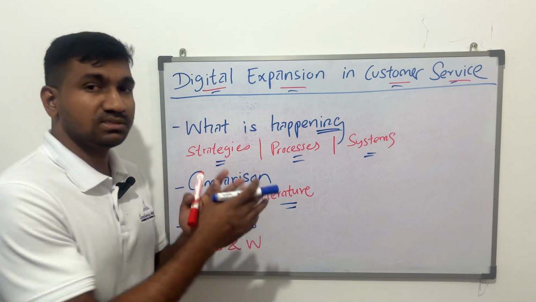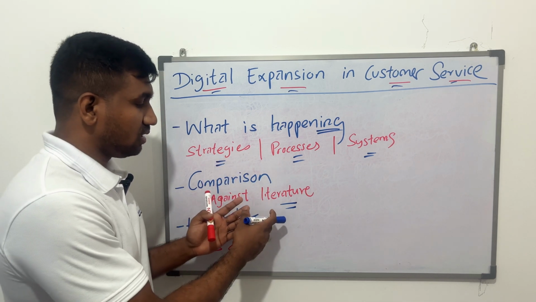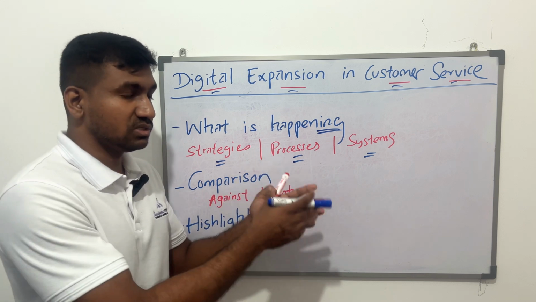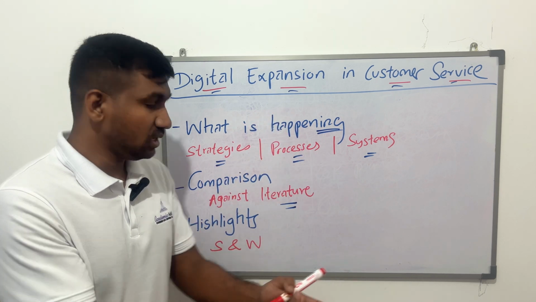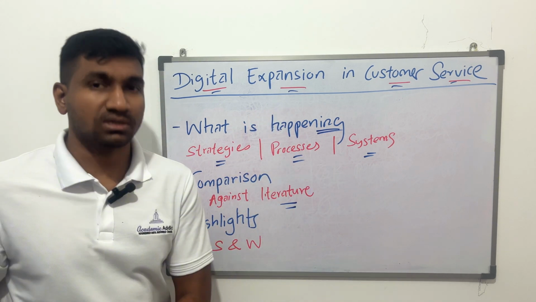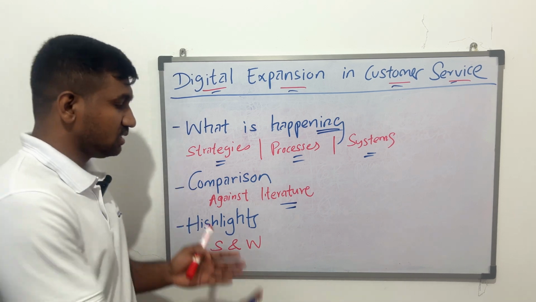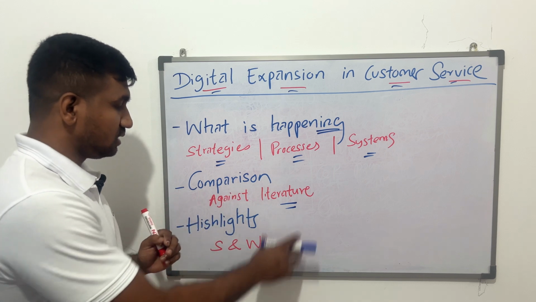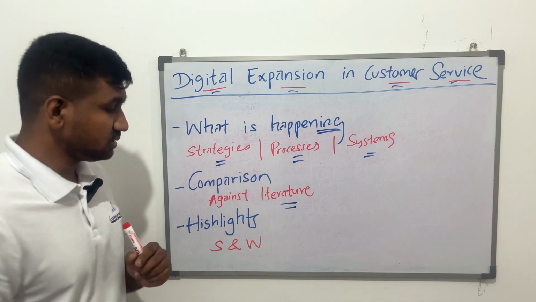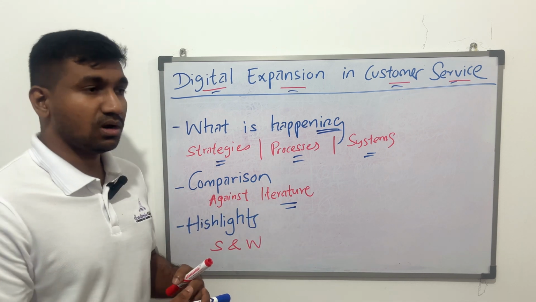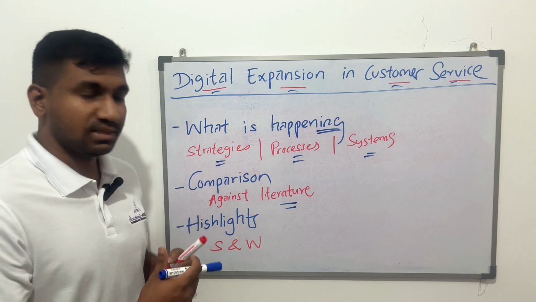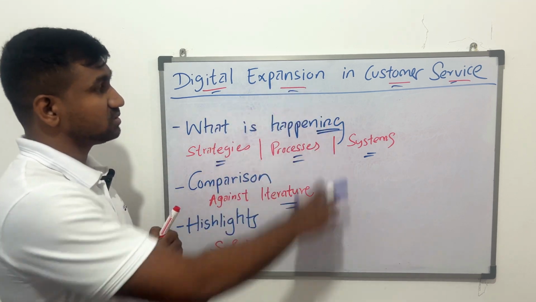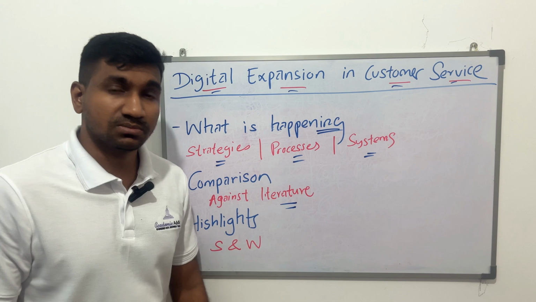So in this company, this is what is happening compared to the literature. In literature, you have said if you do this, it is good, and in this company, there's no such thing. So there's no benefit in that. That's the comparison that you have done in this part. Basically you bring your company and compare that against your literature in terms of digital strategy and customer service.